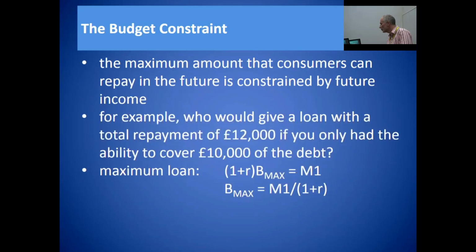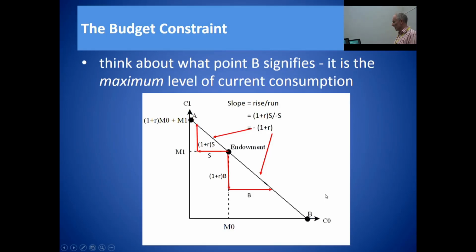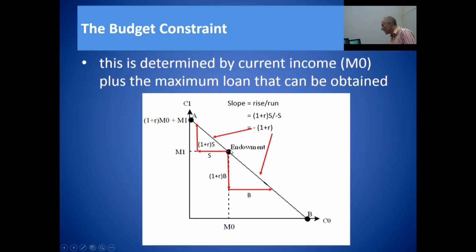What is the maximum loan? M1 divided by 1 plus R. And hence, as we go all the way along to that point there, the absolute maximum amount that we can raise current consumption up to is determined by current income plus the maximum loan.